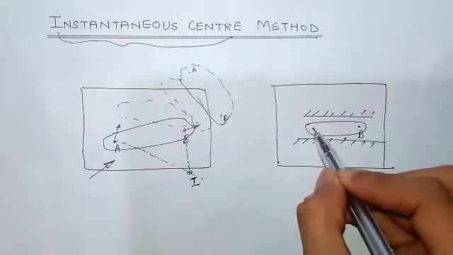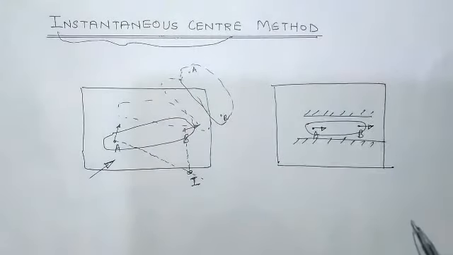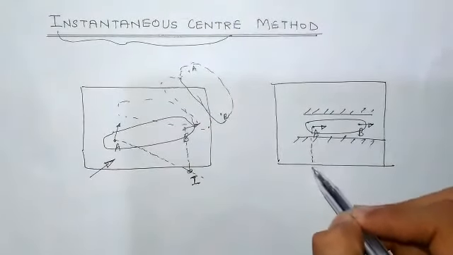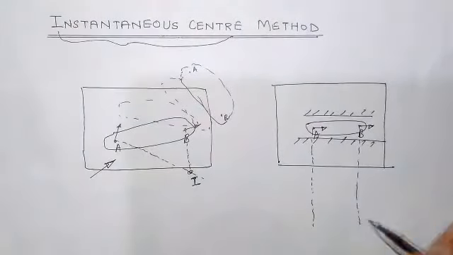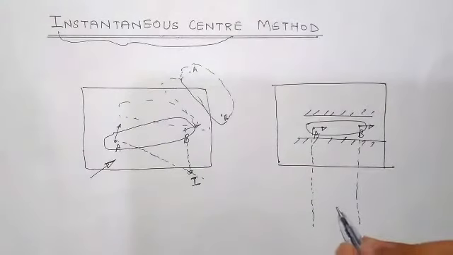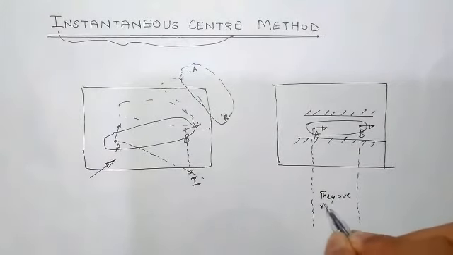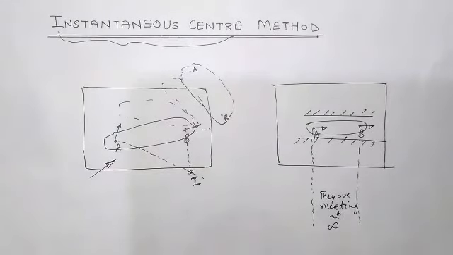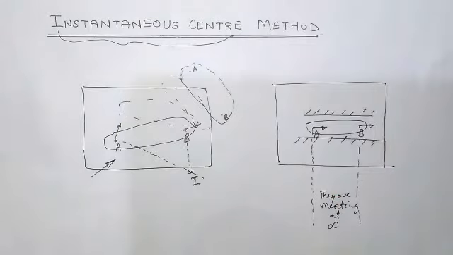So whatever push you apply, point A is going to move in the horizontal direction and B also in the horizontal direction. In this case, if we draw a normal at point A and similarly at point B, we see that both of them are parallel, and it is assumed that they are meeting at infinity, which means the body's I center is at infinity.